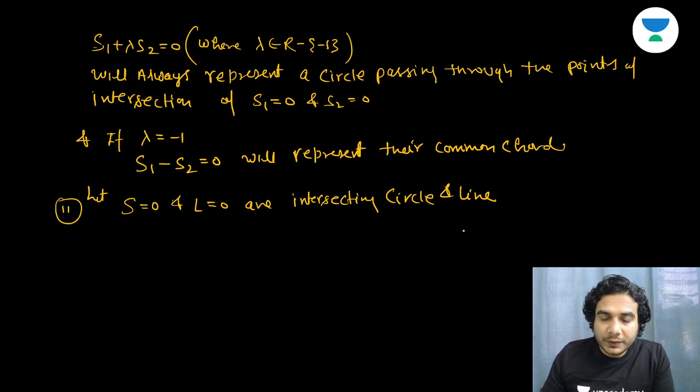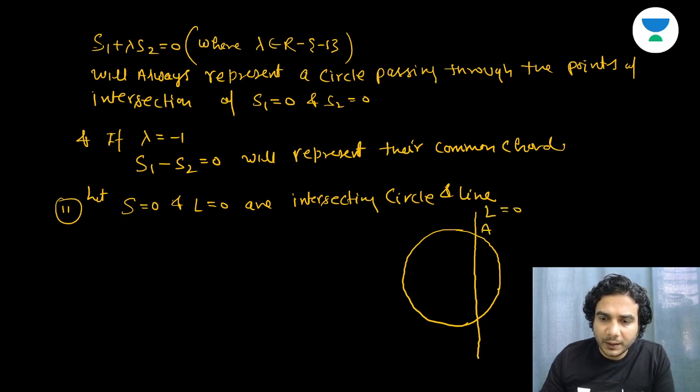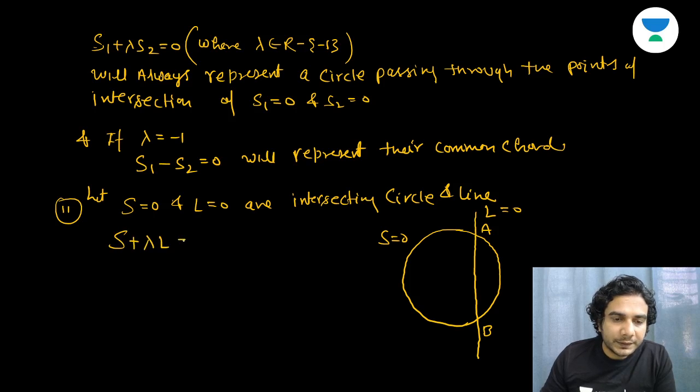All right. So this is a circle, S is equal to 0, and L is equal to 0 is a line. These two curves are intersecting again at A and B. This is S equal to 0. If I write this equation, S plus lambda L is equal to 0.